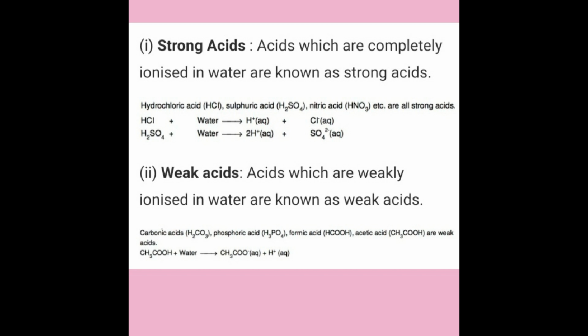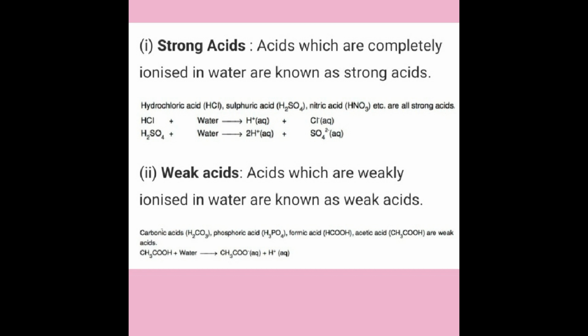When these acids are added to water, they give H plus ions. That is, when you add hydrochloric acid to water, it produces H plus ions and chloride ions, Cl minus. When you add sulfuric acid to water, it ionizes very fast into H plus ions and sulfate ions, that is SO4 2 minus ions.